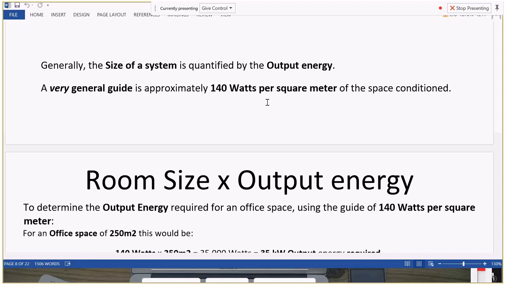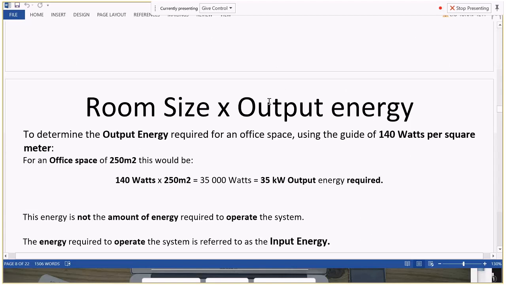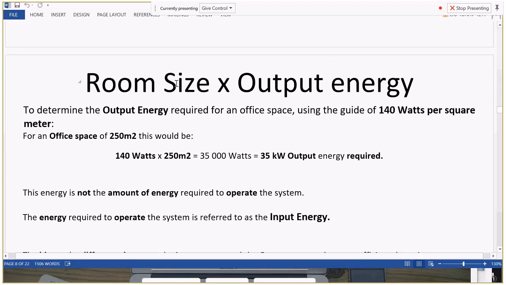But a more efficient system will use far fewer watts, like let's say 35 watts, to produce 140 watts of cooling power. So that ratio relates to how efficient the system is.